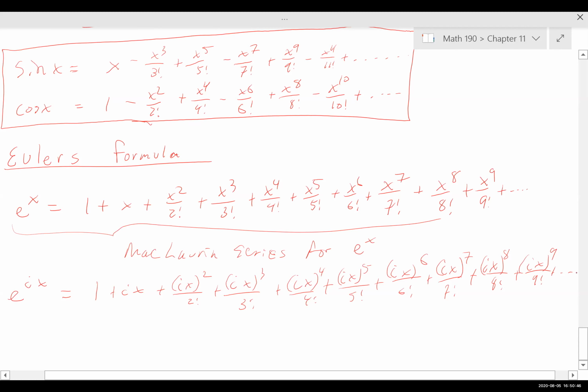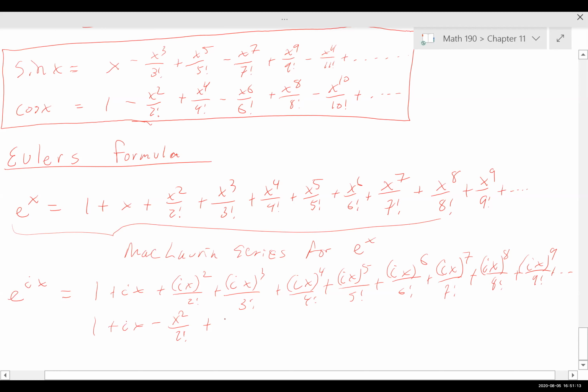Okay, so let's take these powers of i and see what this is. This is 1 plus ix. Well, what's i squared? Isn't that negative 1? So this would be negative x squared over 2 factorial. And then plus, this is i cubed. Does anybody know what i cubed is?